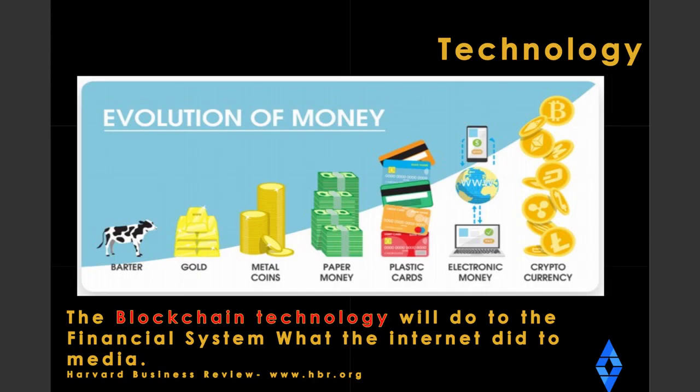After that came the system of exchanging gold for the required goods and services. And gold turned into metal coins and eventually to paper currency as a standard medium of exchange. Since then, it has evolved into digital cards and electronic money that allow us to transfer money online via computers. And today, in the present, we have reached the cryptocurrency era.